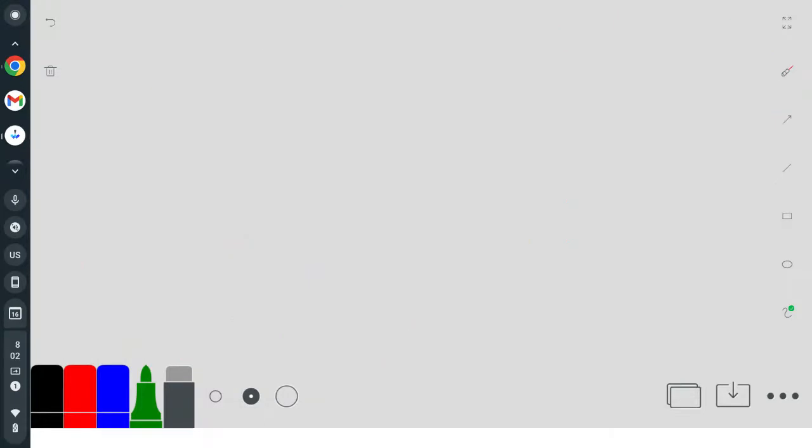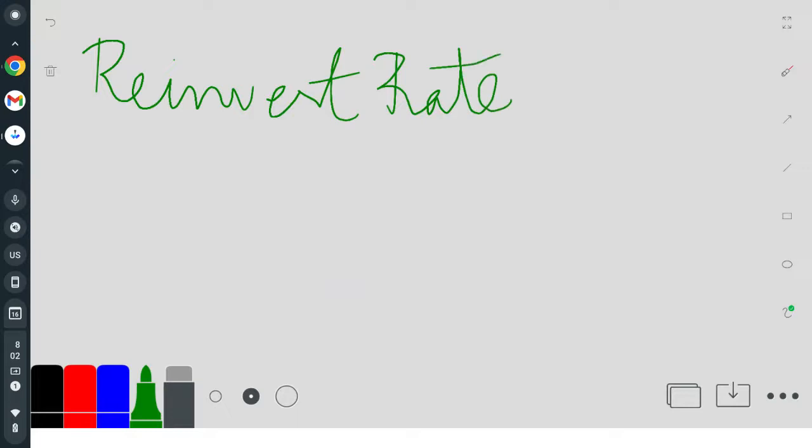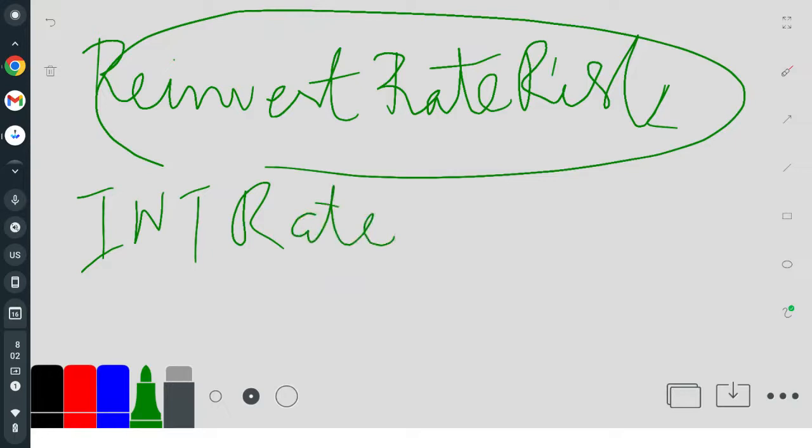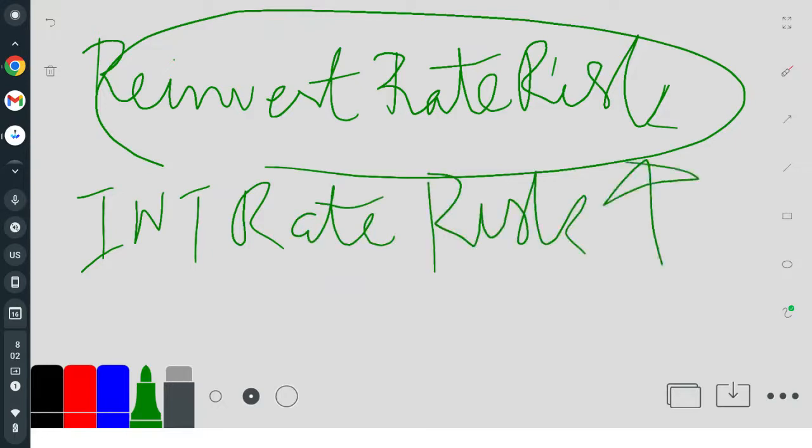Now the interesting thing is, it's understandable, but there is also something called reinvestment rate risk. I explained it. Interest rate risk happens when interest rate goes up, right?